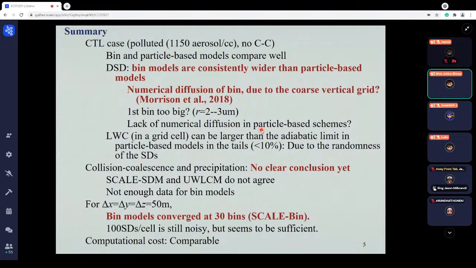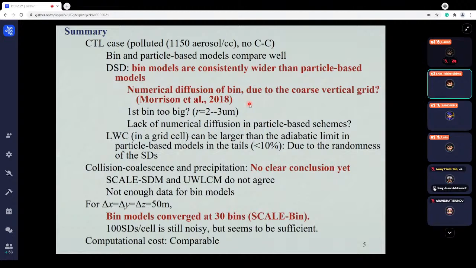Lack of numerical diffusion is a salient feature of particle-based schemes, but to simulate the phenomena accurately, we need to consider the subgrid scale turbulence, and it's all ignored, at least in this study. So maybe we are underestimating the droplet size widths in particle-based models. So there are several ways to explain the result, and we need to work more on this point in the future.